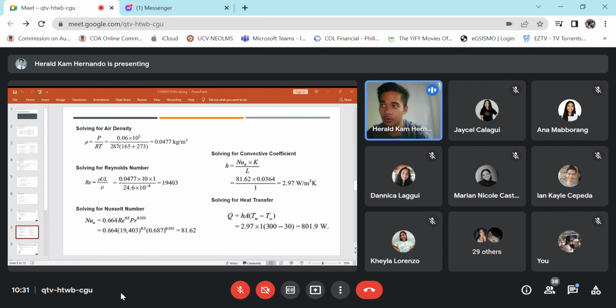So to cancel the Pascal, on top we have Newton per square meter, and to cancel the Newton, we write Joule as Newton meter in the 287.